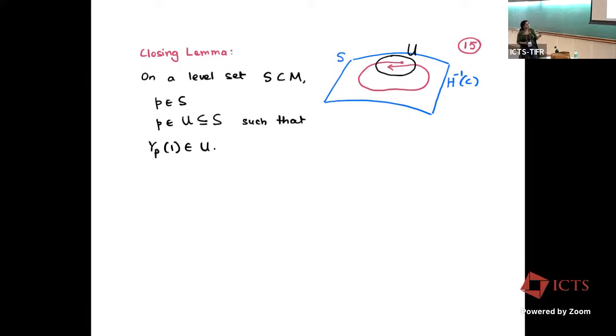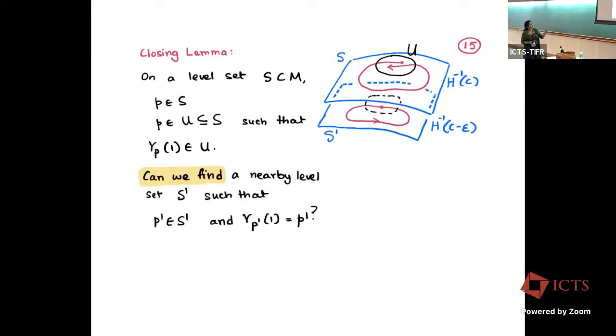So then can we find, maybe it's not even on the same level set, but there's a nearby level set where there are points which are coming back to their starting point. So there are closed orbits. So this setup, I think I forgot to write the names, but this is attributed to Poincaré.